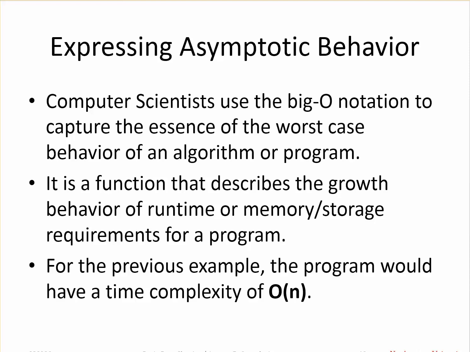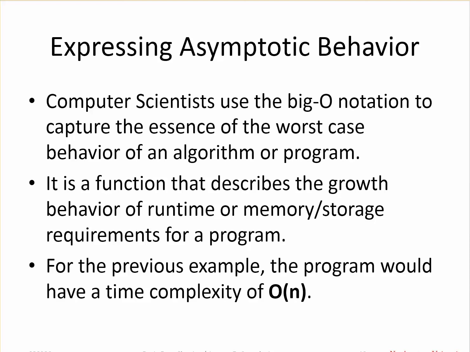So computer scientists use what's called big O notation to capture the essence of the worst case behavior of an algorithm or program. It's basically a function that describes the growth behavior of runtime or memory storage requirements for a program. So in the previous example, the program would have a time complexity of O of n, meaning that in the worst case, its asymptotic behavior is O of n.